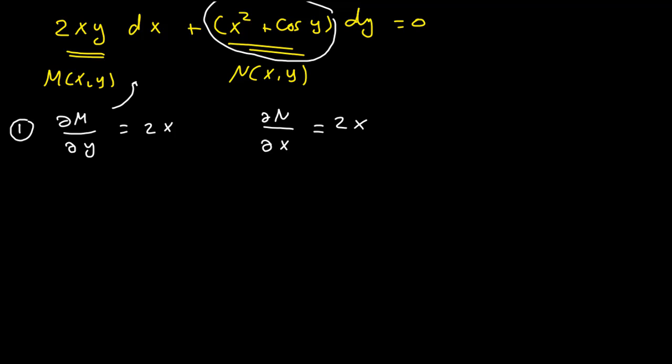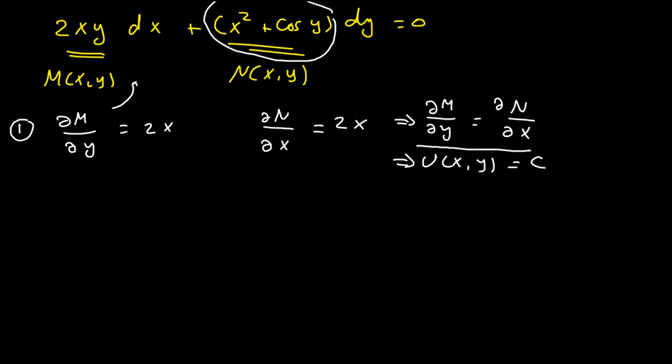So the total differentiation of the function N with respect to x is just 2x. And here by comparison we can see that partial M by partial y is equal to partial N by partial x, and so the differential equation is exact. So this means that we guarantee the existence of this solution u of x and y equal to constant.